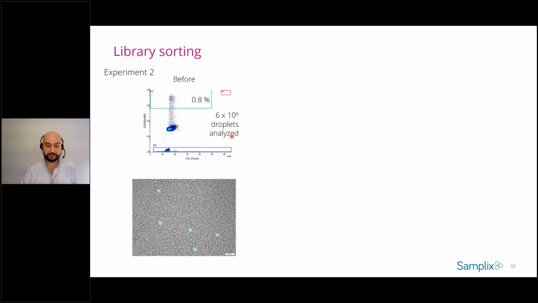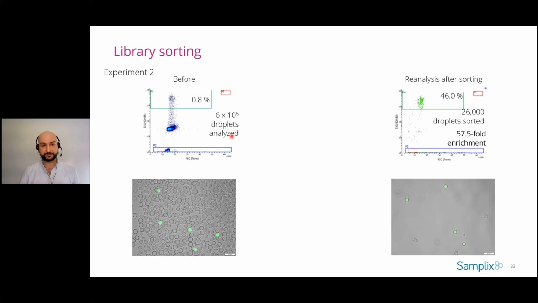We analyzed 6 million droplets, and after sorting out 0.8% of the events and reanalyzing them with the flow cytometer, we found quite good enrichment, I would say, up to 57.5-fold enrichment. And we could see that the sorted droplets now contain only the droplets of interest.